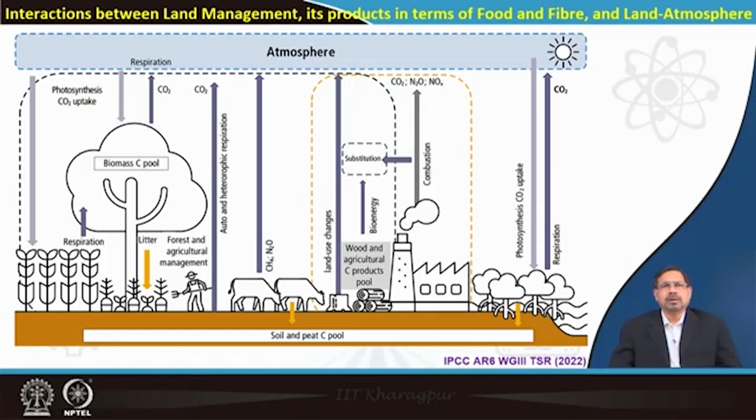So, during the process of photosynthesis, the plants, the autotrophs, they withdraw carbon dioxide, or we say they fix the carbon dioxide, and by the process of respiration again part of that is again going back to the atmosphere, and we put it under auto and heterotrophic respiration.